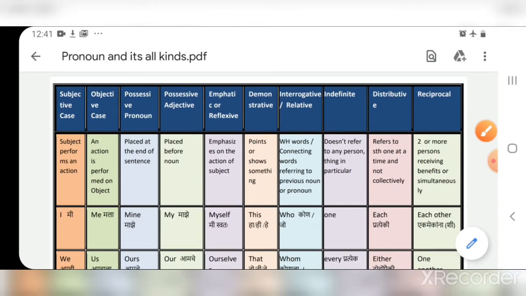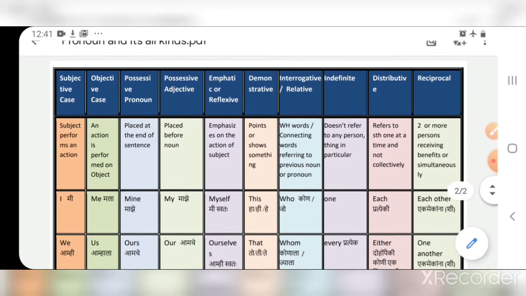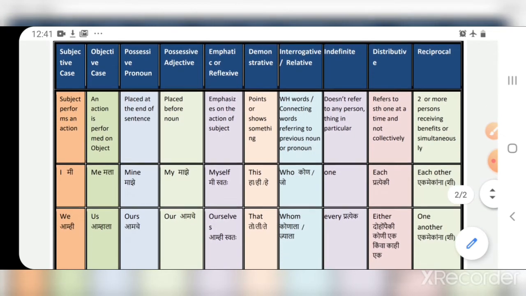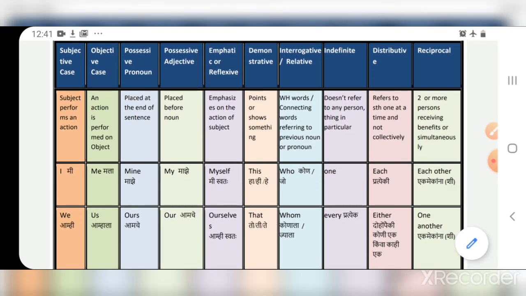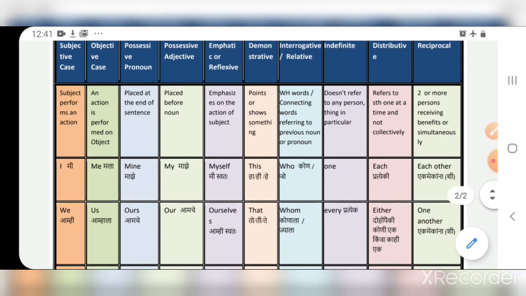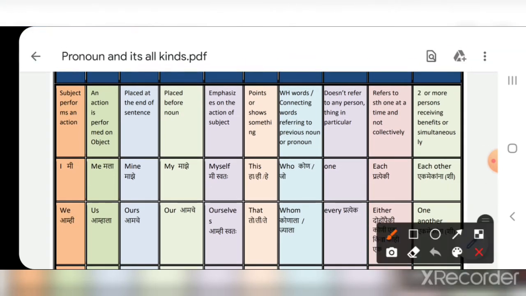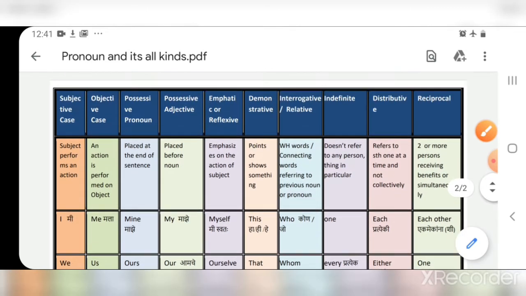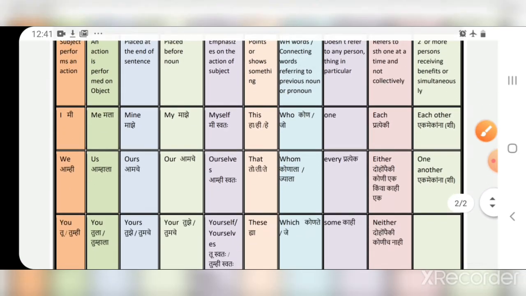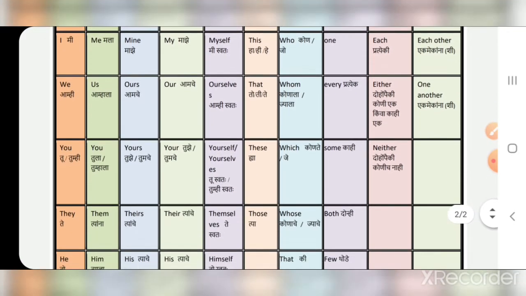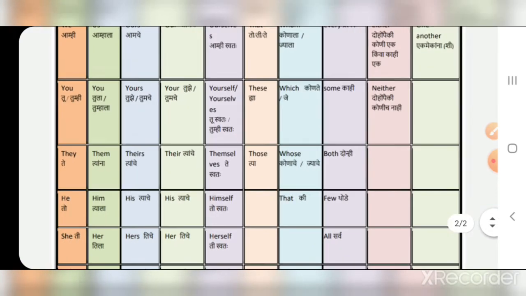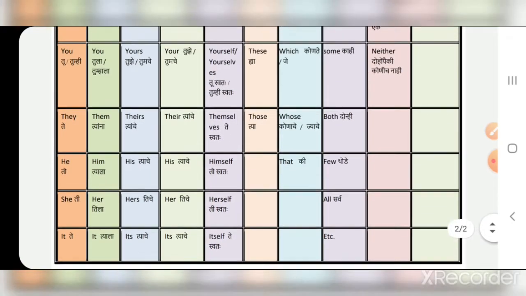Possessive adjectives are always used before a noun, and possessive pronouns are always used at the end of the sentence. That is the difference. So the possessive adjectives are my, our. Please look at the fourth column. Your, their, his, her, and its.